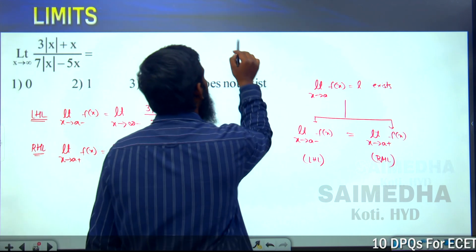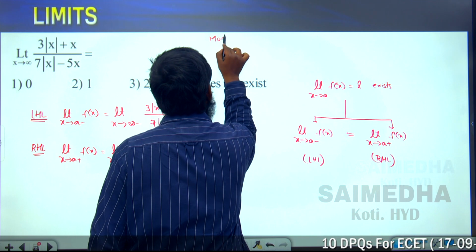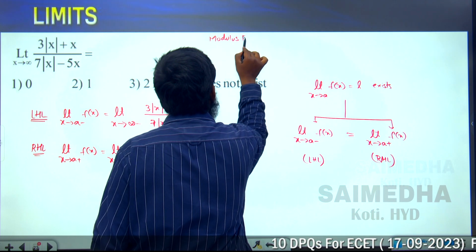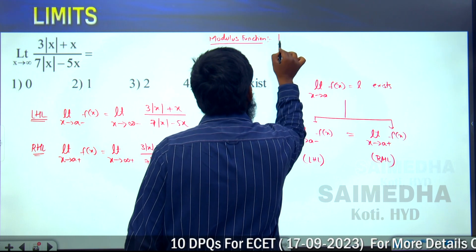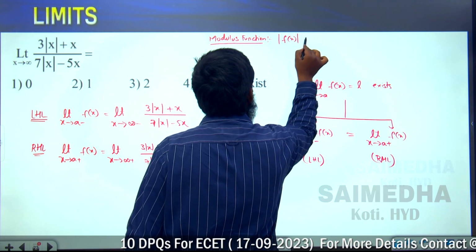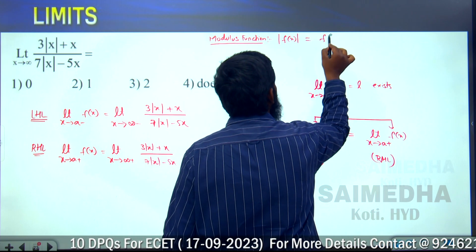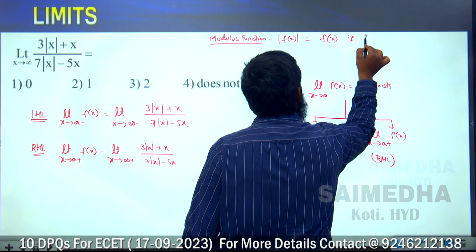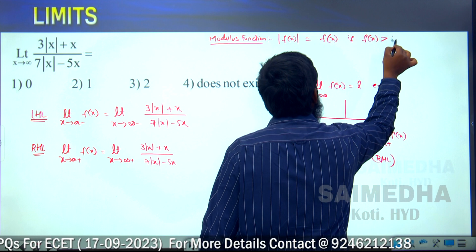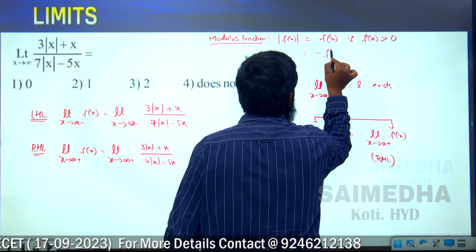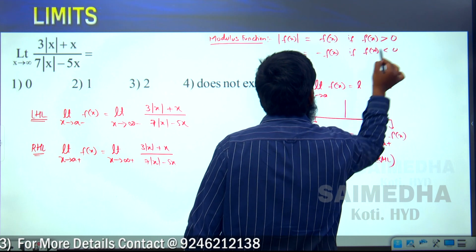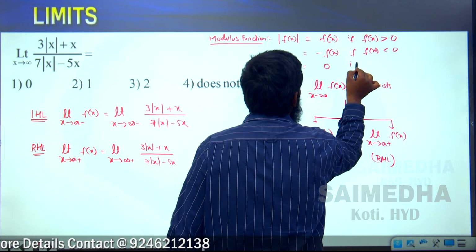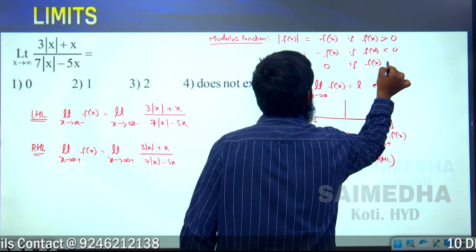Now listen very carefully to this part, the modulus function. Mod of f of x equals f of x if f of x is greater than 0, minus f of x if f of x is less than 0, and equals 0 if f of x is equal to 0.